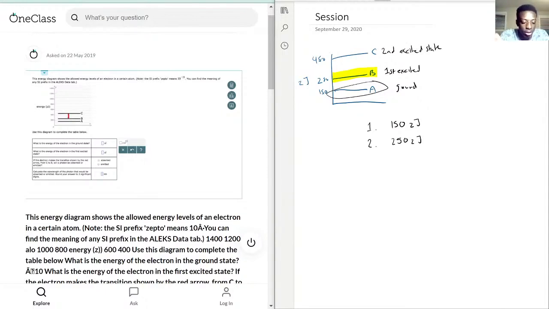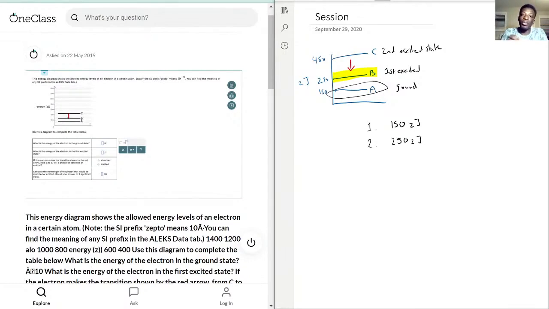Okay, so now if an electron makes the transition shown by the red arrow, so the red arrow is telling us it dropped down, will the photon be absorbed or emitted? The way this works is that for it to jump up an energy level, it needs to absorb energy. And as you can guess, if it drops down an energy level, it released energy to be able to go to a less excited state.